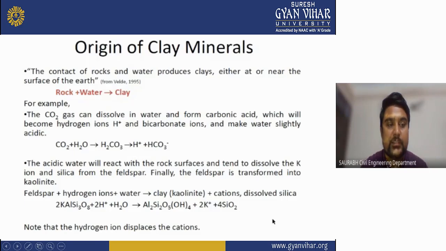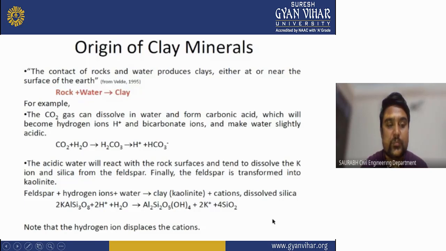For example, CO2 gas can dissolve in water in the form of carbonic acid, which becomes hydrogen ion H plus and bicarbonate ions and makes water slightly acidic. The chemical formula is CO2 plus H2O, which becomes H2CO3, H plus and HCO3 minus ion.